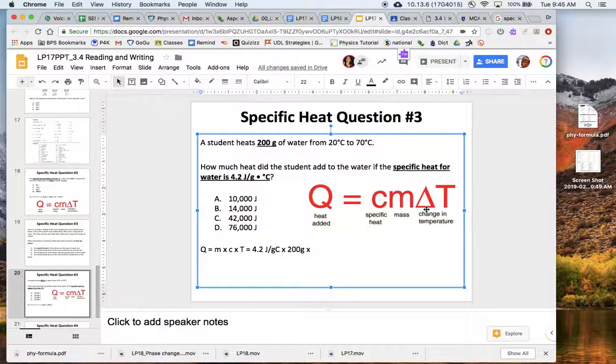Now, the water goes from 20 to 70. What is the change in temperature? When you go from 20 to 70, the change in temperature is 50. The change in temperature is 70 minus 20, and that should equal 50 Celsius.